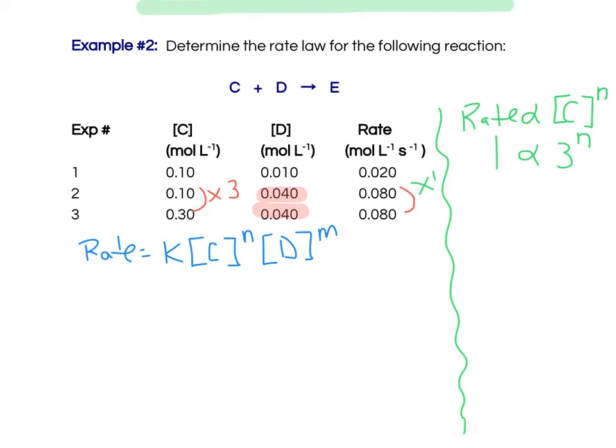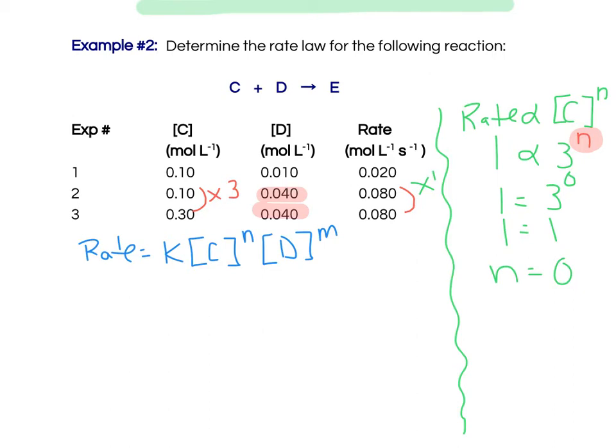So my job right now is to say, what does N have to be in order for the left side of this expression to be equal to the right side? And the only way that works is if the exponent is a 0, right? Anything to the power of 0 will give you a 1.